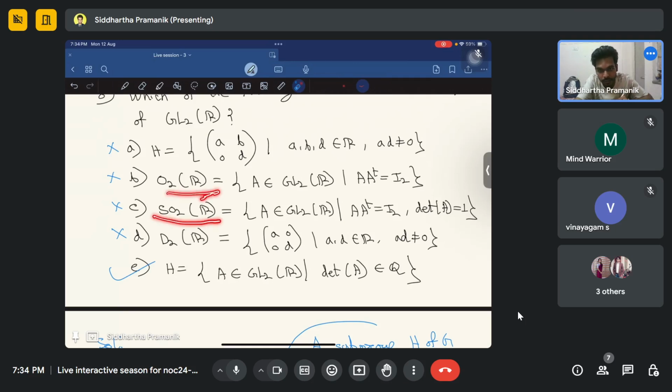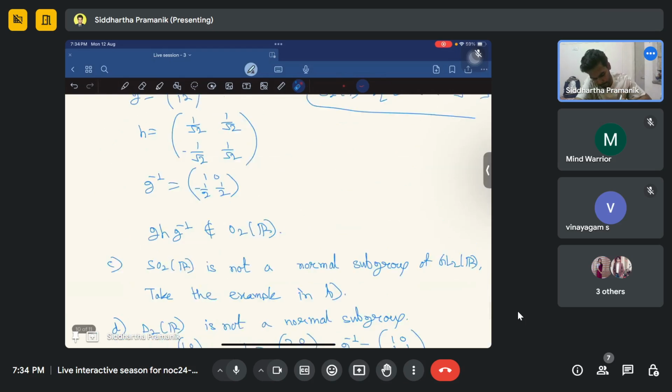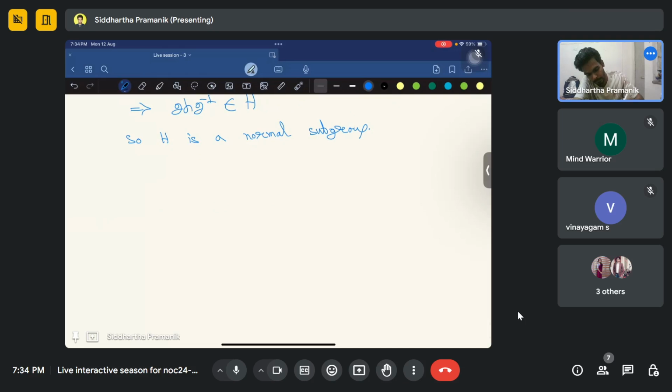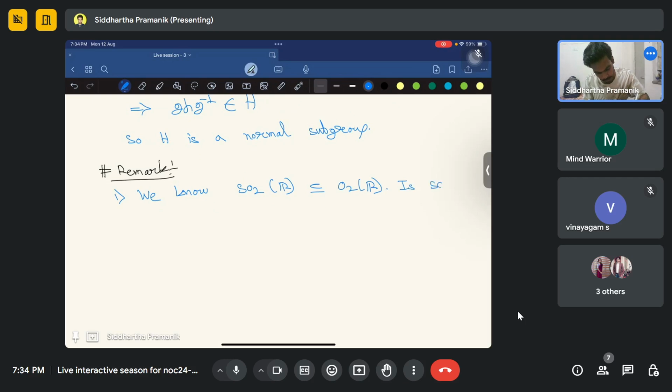So that means SO2R is a subgroup of O2R. So is SO2R a normal subgroup of O2R?